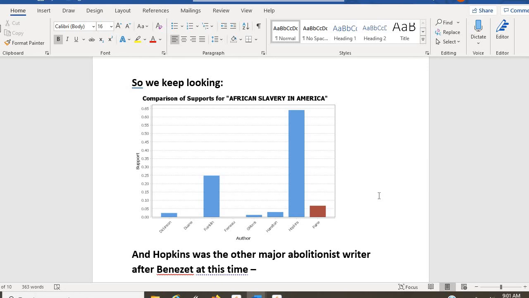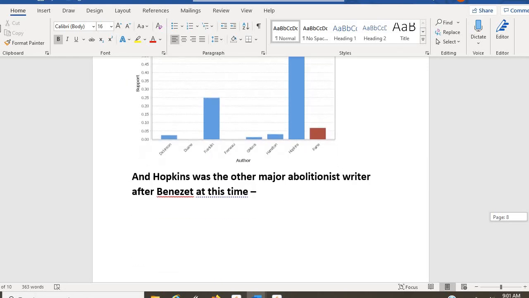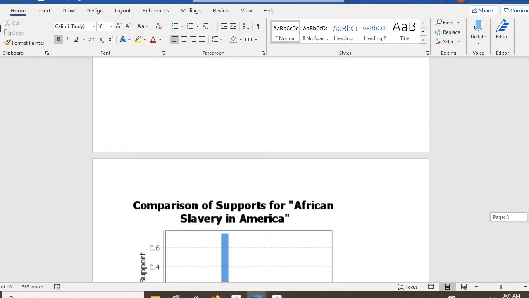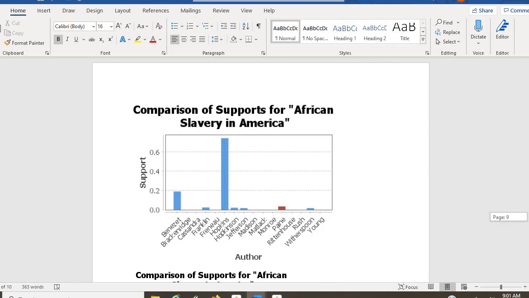In fact, the content of the author files that I used to create Hopkins's author file led me to believe that this is our author, because the content of his author files sounded very much like African Slavery in America.